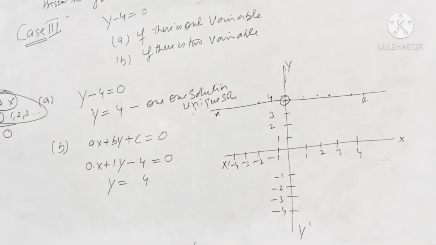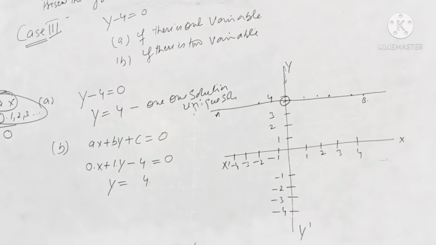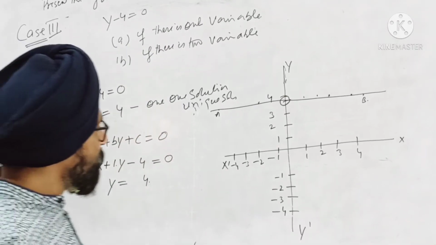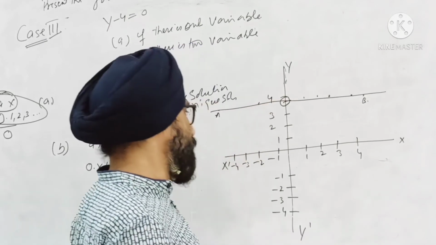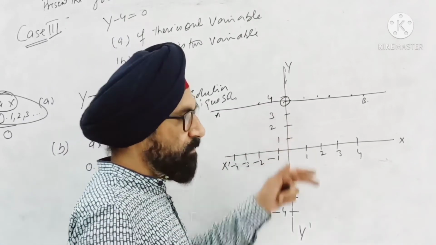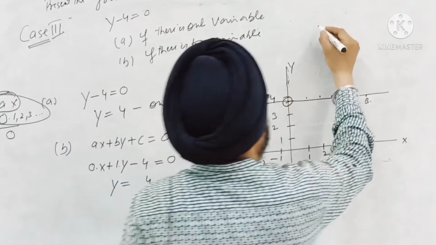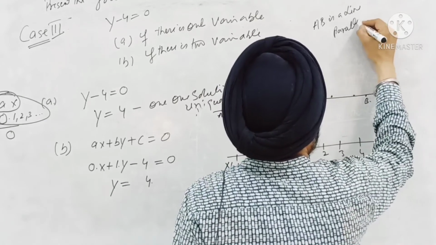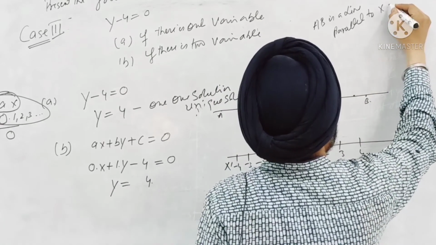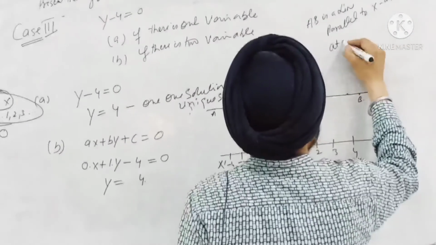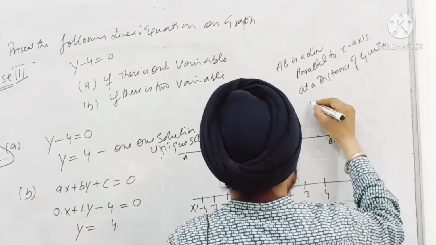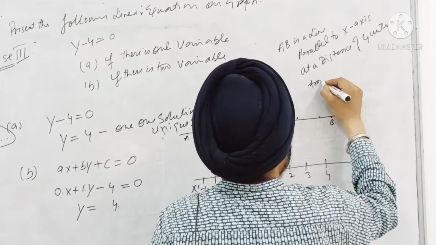So AB is the line. Here AB is a line parallel to the x-axis at a distance of 4 units above the x-axis.